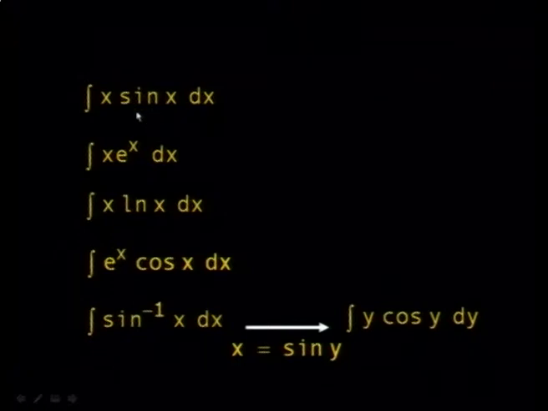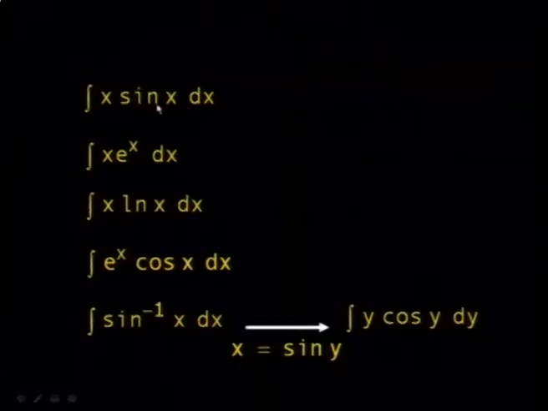When you have a product of two functions of different kinds, then the only method which can render your integration possible is integration by parts. For example, here you have an algebraic function and a transcendental function.